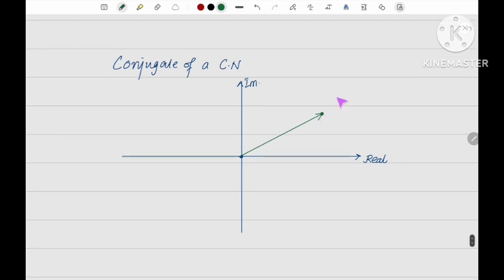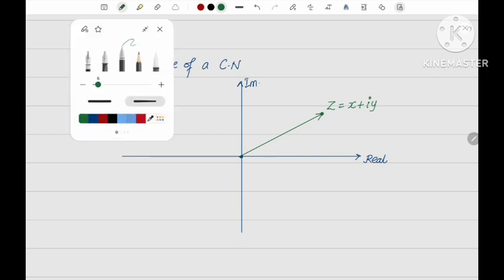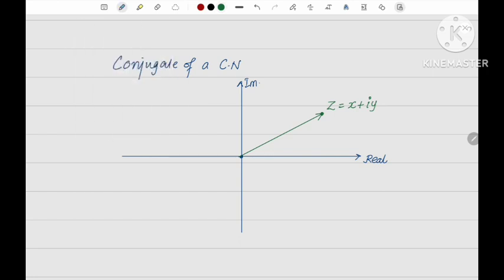Let us say I represent it by z is equal to x plus iy. What I mean by mirror image of it on real axis is if I put a mirror here, let us say the real axis is the mirror.